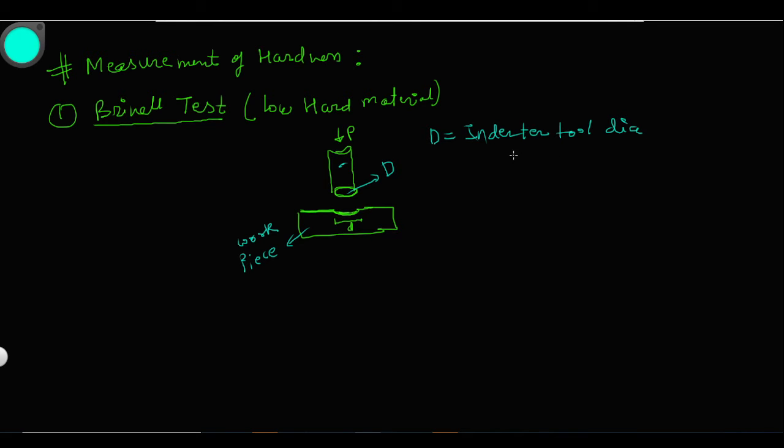Suppose capital D is indenter tool diameter and small d is indentation diameter. And the principle behind this test is area of penetration.